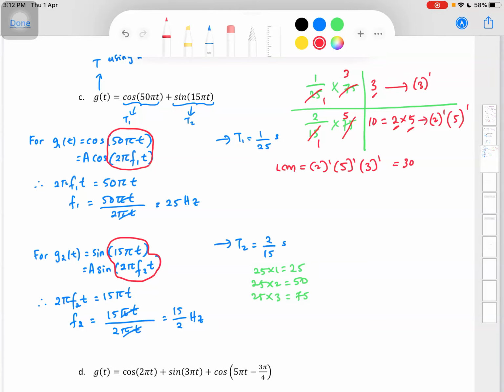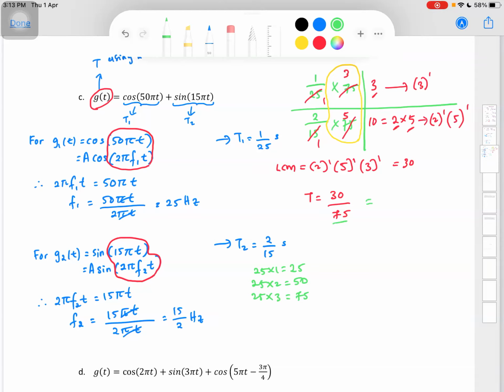Okay, and then the fundamental period for g of t will be 30 divided by 75. Okay, because at the beginning we multiplied the numbers with 75 so that this non-integer number will become integer, which is the requirement for the least common multiple. So when we calculate the fundamental period, the number that we get from the least common multiple method, we have to divide back with 75.